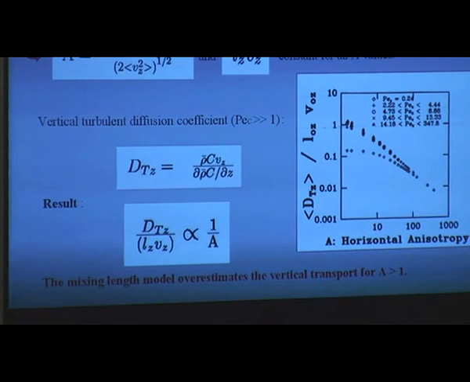The theories using dimensional analysis concluded a vertical turbulent diffusion which was too strong.